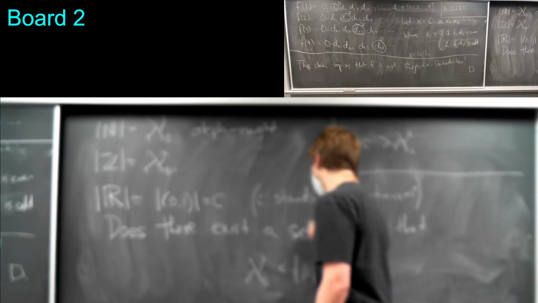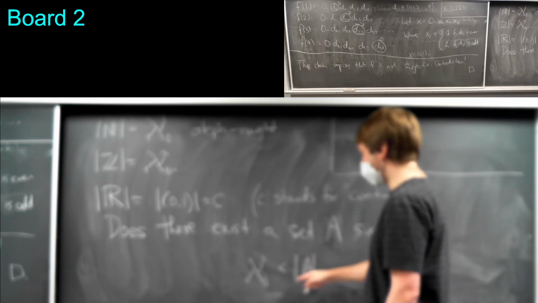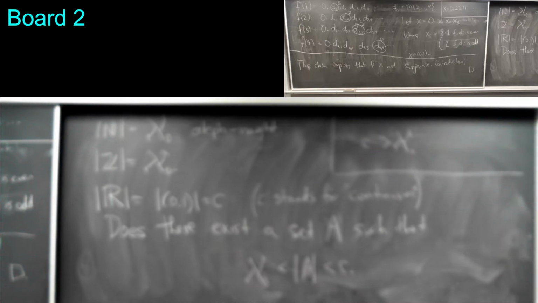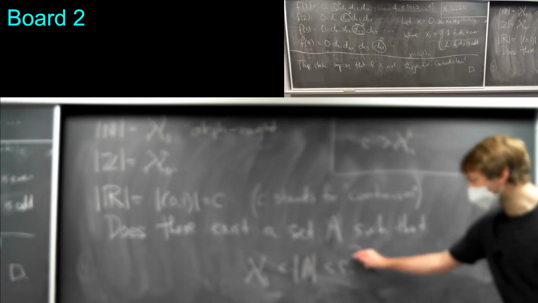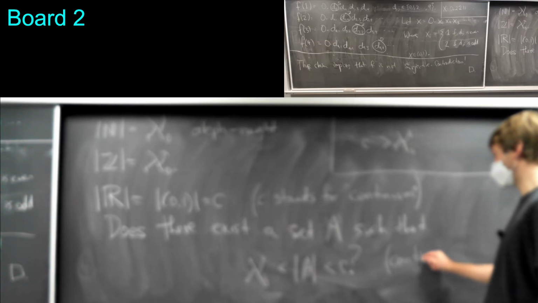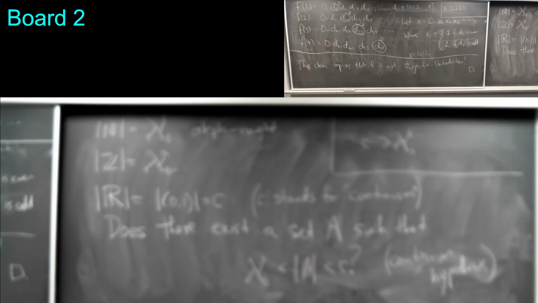Or maybe everything here looks like an X. So let me call it A. A set A such that it's bigger than that, but smaller than the continuum, smaller than the set of real numbers. So this is something called the Continuum Hypothesis.